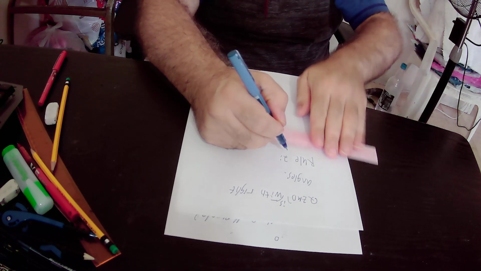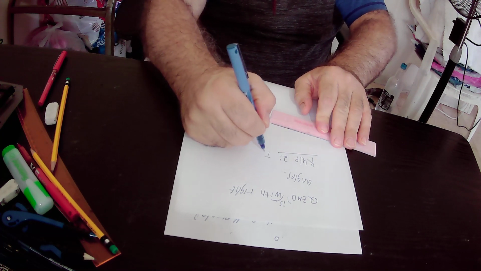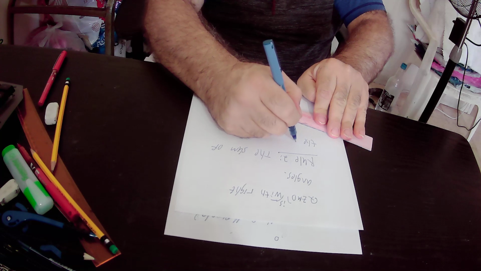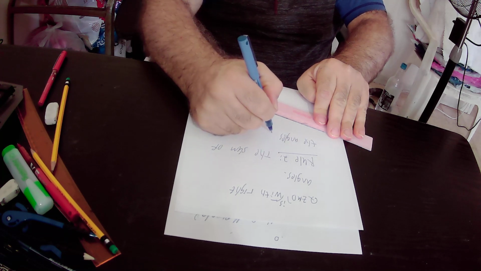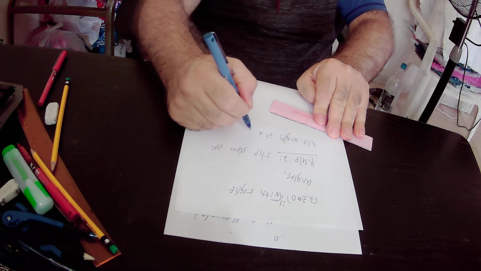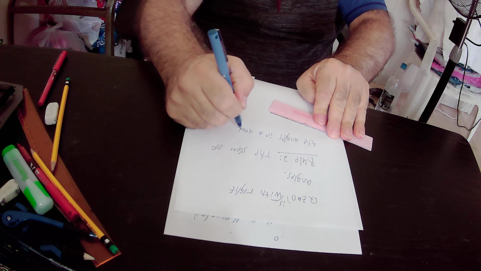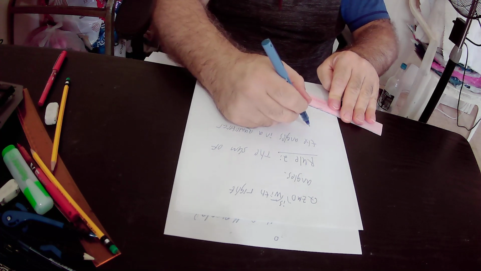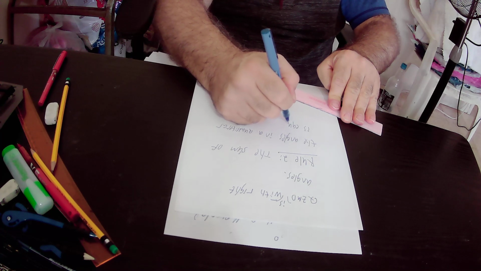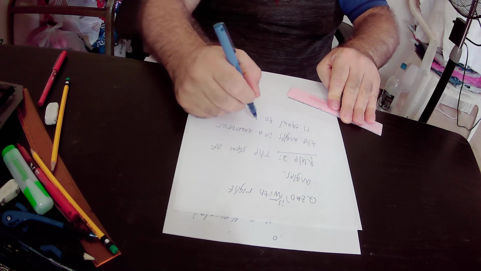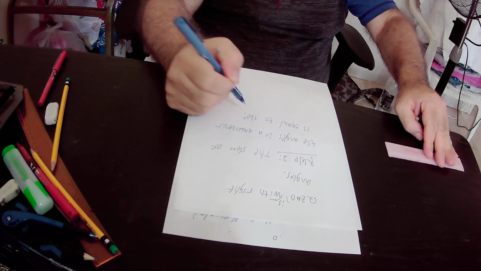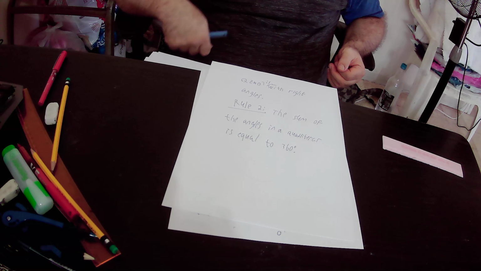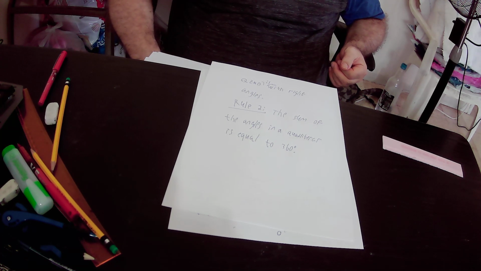Again, rule number 2 states that the sum of the angles in a quadrilateral is equal to 360 degrees.